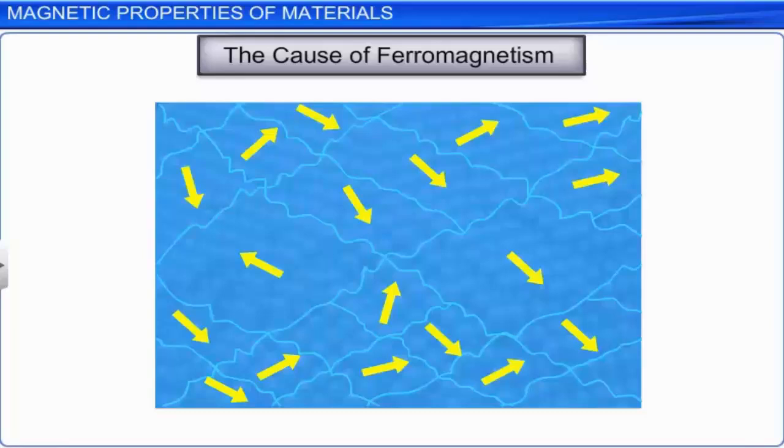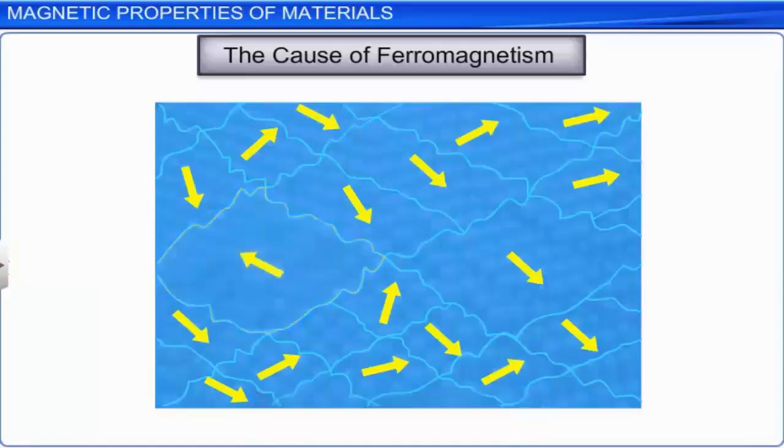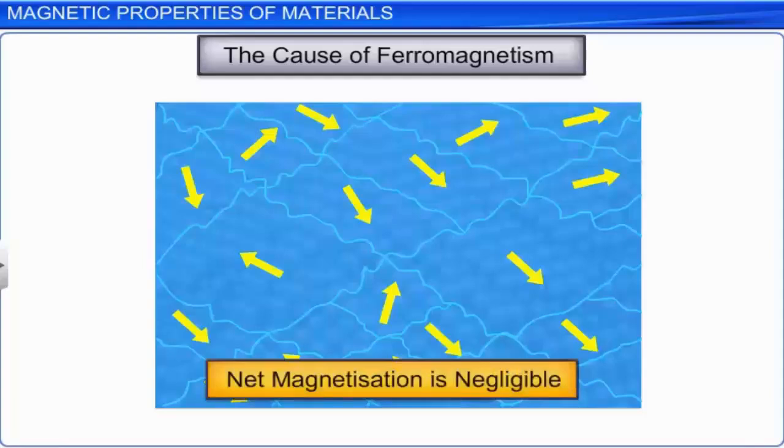This volume is called the domain. Each domain contains about 10^11 atoms, and each domain has a net magnetization. The magnetization changes from domain to domain. Thus, the net magnetization of a ferromagnetic material is negligible.